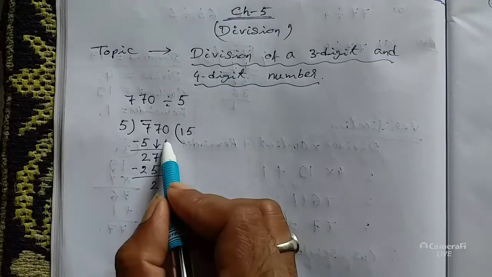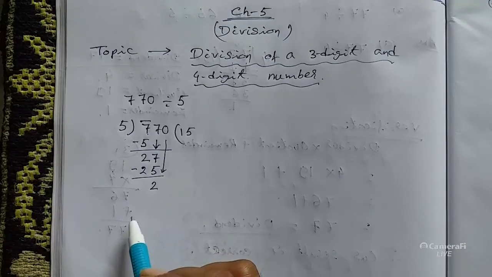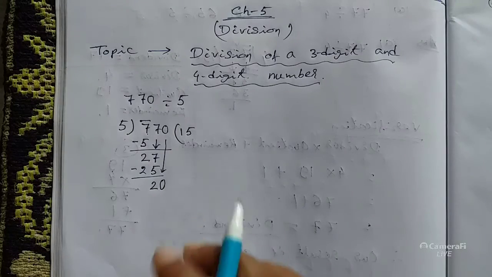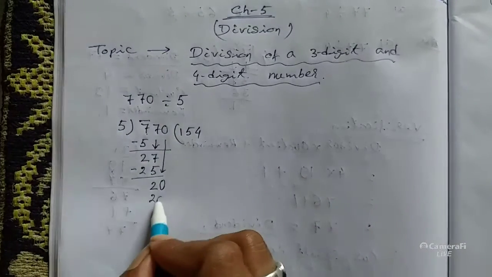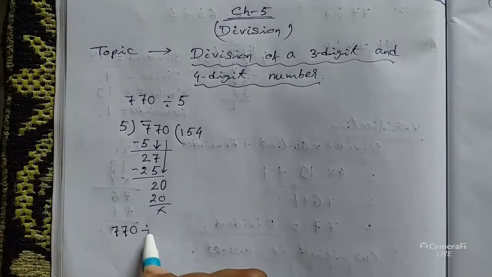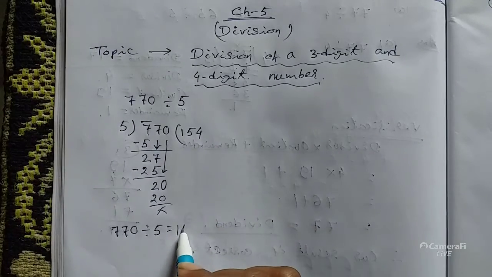Now take the next digit from the dividend, 0, making 20. Now proceed with the table of 5. 5 1 is 5, 5 2 is 10, 5 3 is 15, 5 4 is 20. We are getting 20, so the division is completed here. We get our result. So we can write 770 divided by 5 equal to 154.